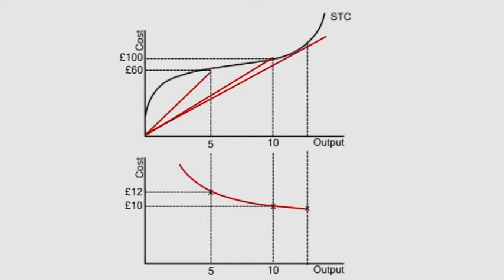But if you make more than 15 units of output, the rays from the origin to the total cost curve get steeper again. So at 20 units of output, average costs are now rising again. So given the shape of the short-run total cost curve, the average cost curve must be U-shaped.